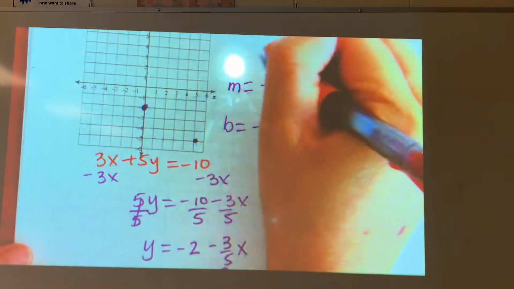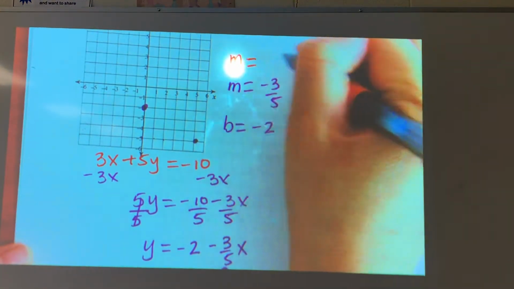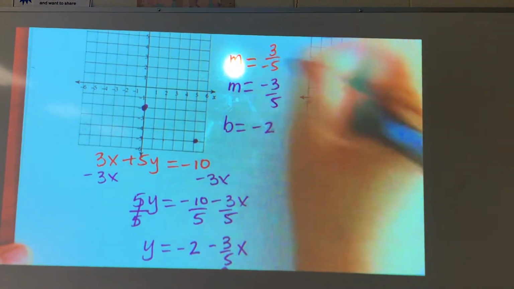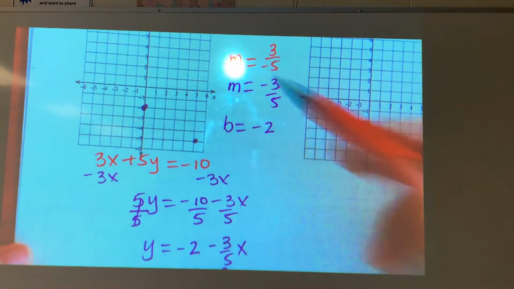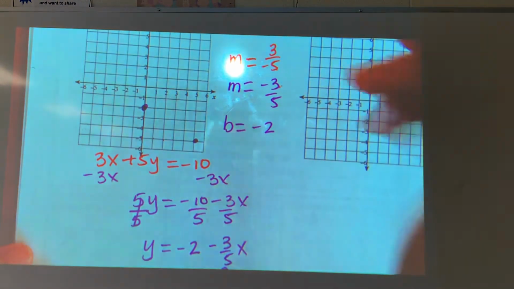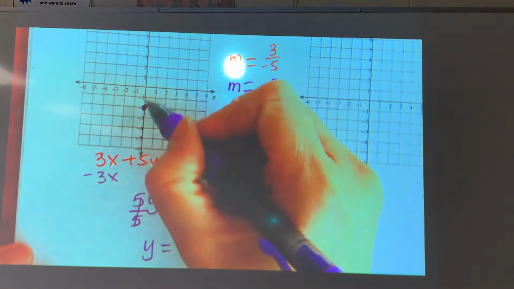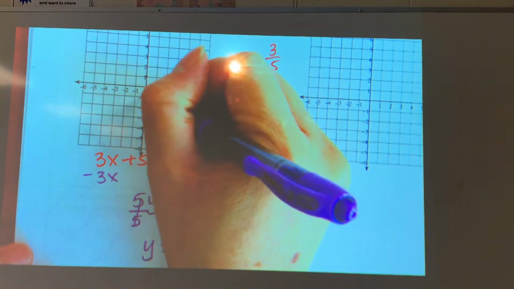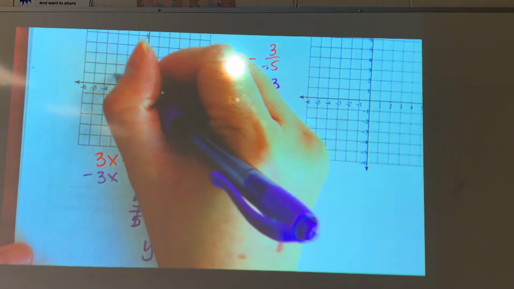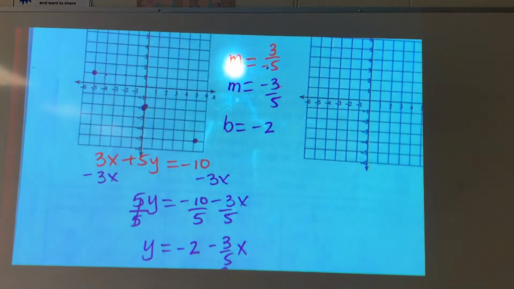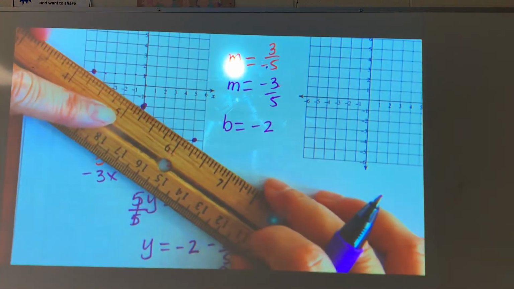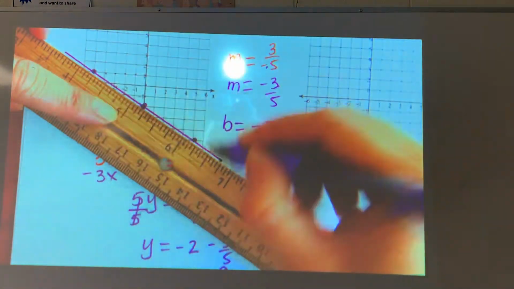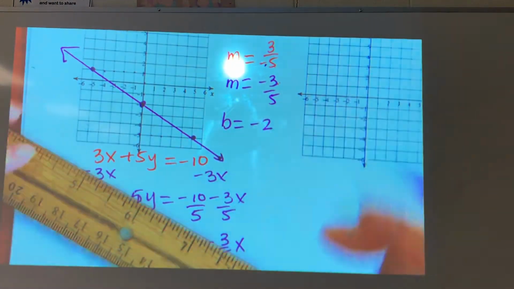You can do that, or you can think of it this way: the negative you can write on the top or on the bottom, it's the same. So think of it this way: up 3, and then the negative tells you to go to the left 5. Now connect all the points, and that is your line.